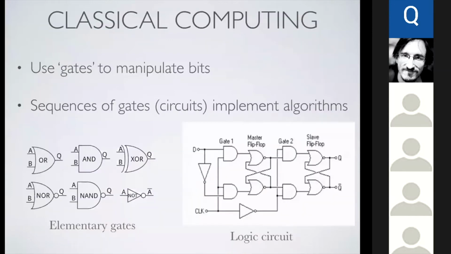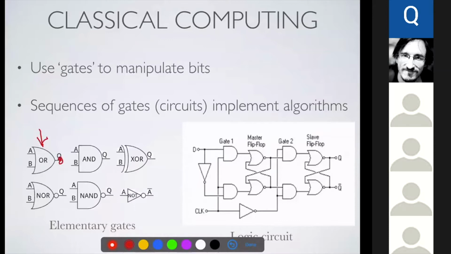So over here on the left, we've got different types of gates. So this one here is called an OR gate. The idea is that the output here will be 1 if either of the inputs are 1. Or both of them are 1. The AND gate means that the output is 1 only if both of the inputs are 1.